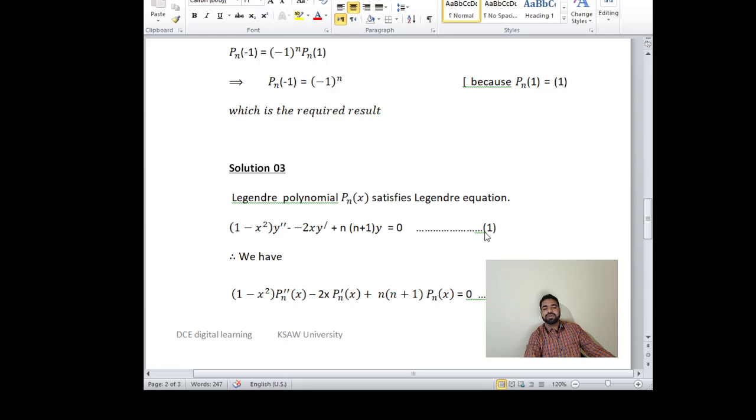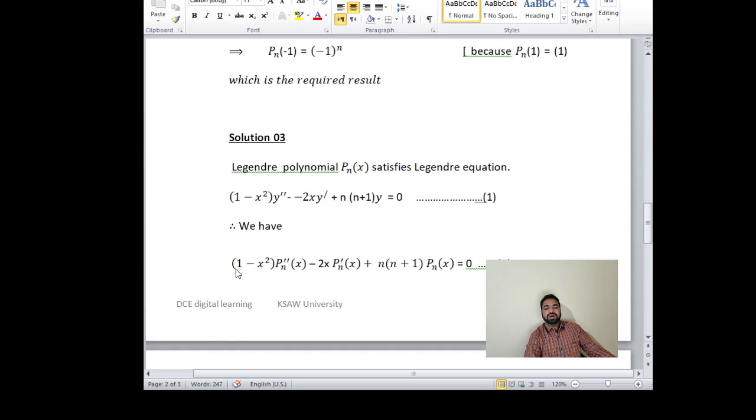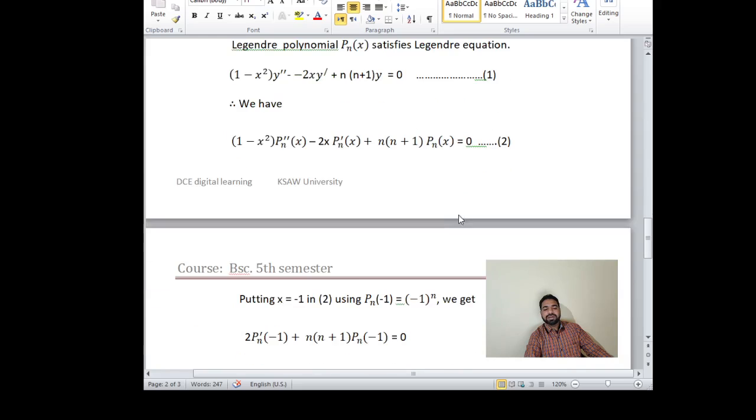We call it equation 1. Therefore, we replace y as Pn of x: 1 minus x square P double dash n of x minus 2x P dash n of x plus n into n plus 1 Pn of x equal to 0. We call it equation 2.